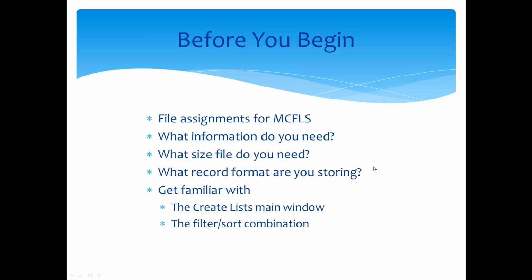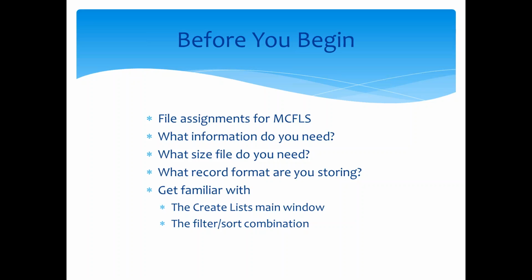Then you also have to consider the record format that you're storing. If you want to get, for example, patron record data out of create lists, you're not going to be using a stored record type of bibliographic records. We'll look at that in a second. There's no connection between bib records and patron records.